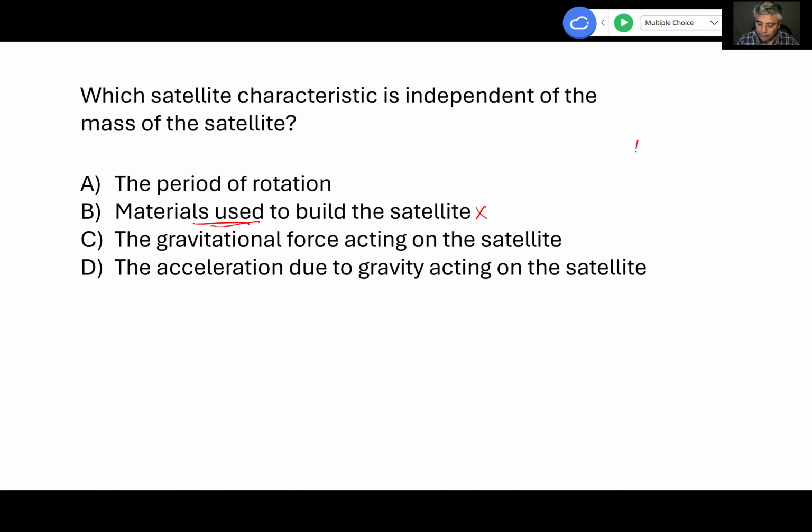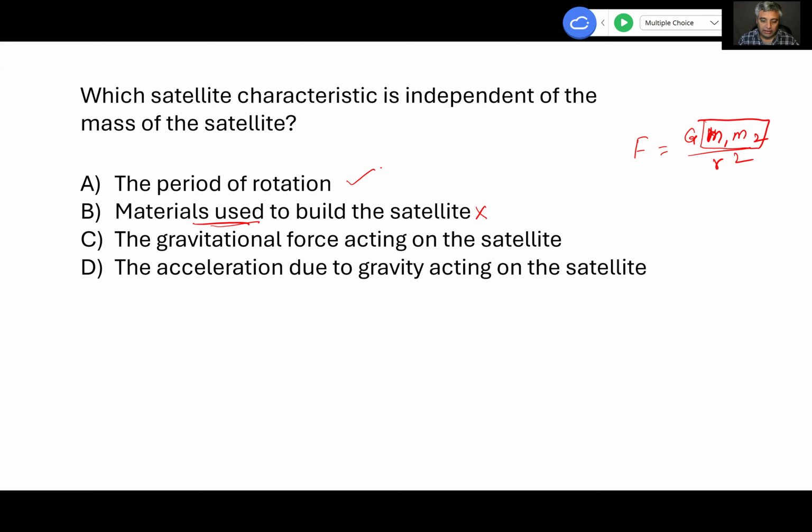The gravitational force between any two objects is given by G m1 m2 over r squared, so it depends on both masses. Now, period of rotation, how fast it rotates.